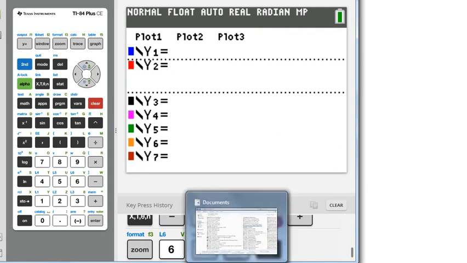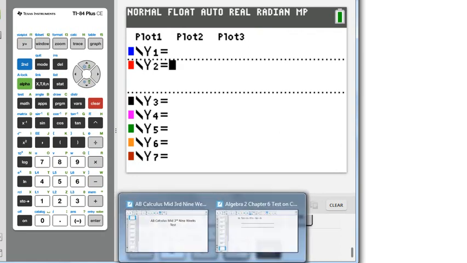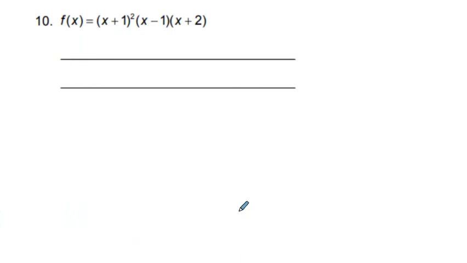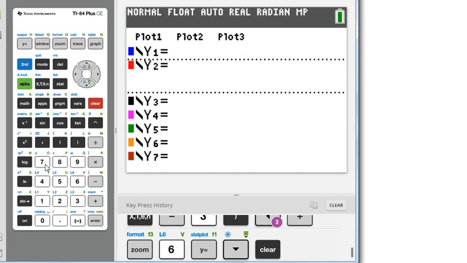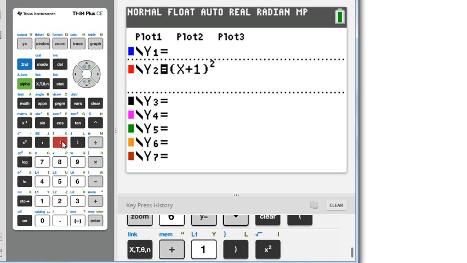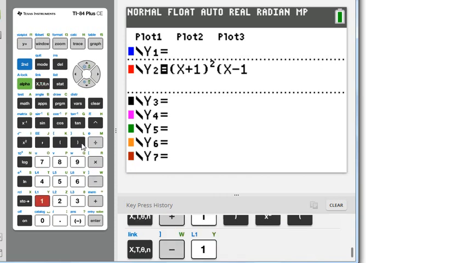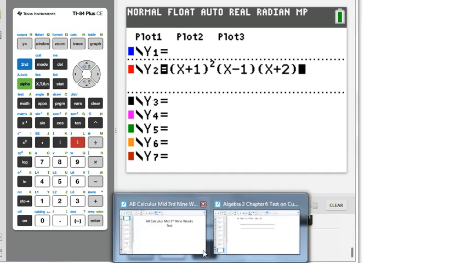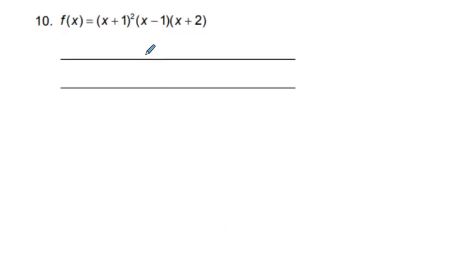So we have quantity x plus 1 squared, and we have x minus 1 times quantity x plus 2. I'm just going to take a quick look back to verify that that's right. I think it is. Yeah, that's it.